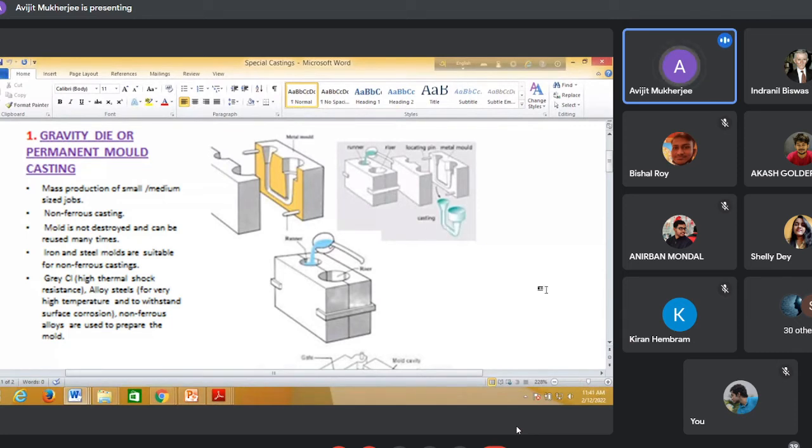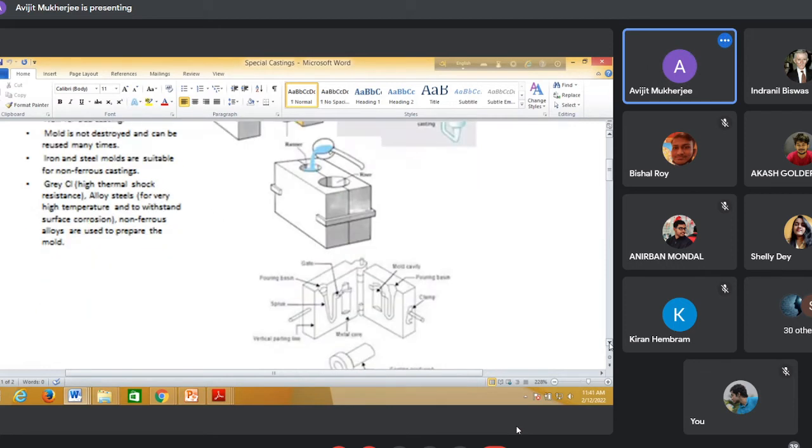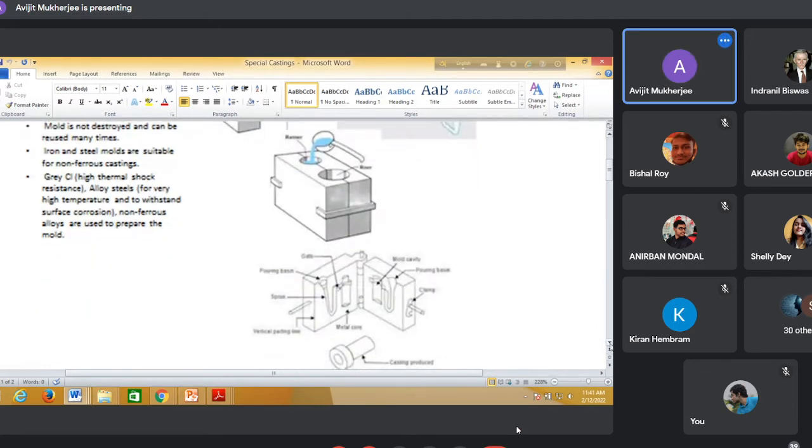So this is a gravity die. And why is it gravity die? Because observe here, the metal is poured from the top and it is flowing by virtue of gravitational force of attraction. It is placed in a vertical manner. So metal is coming down by gravitational force. That's why it is known as gravity die casting.